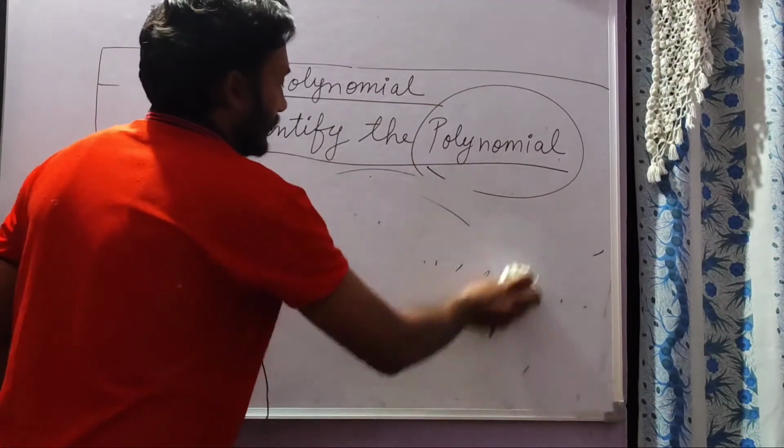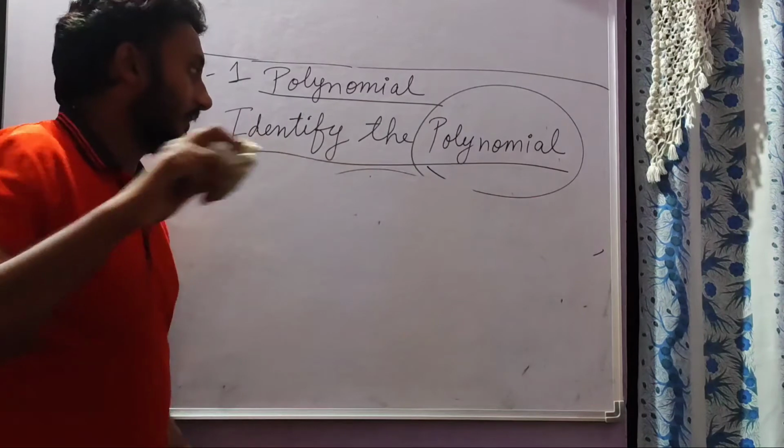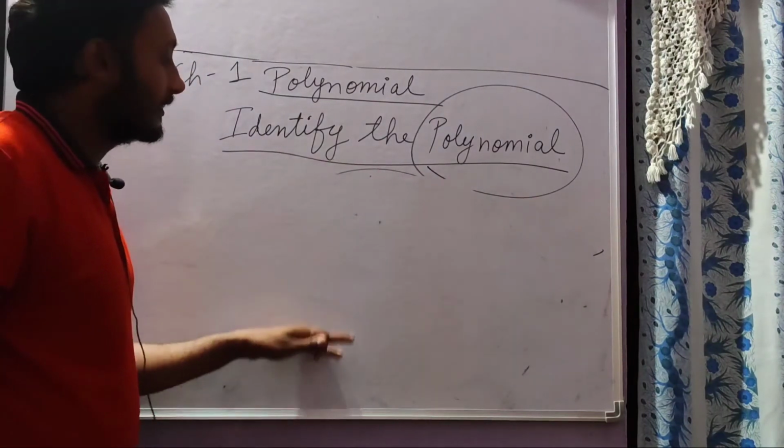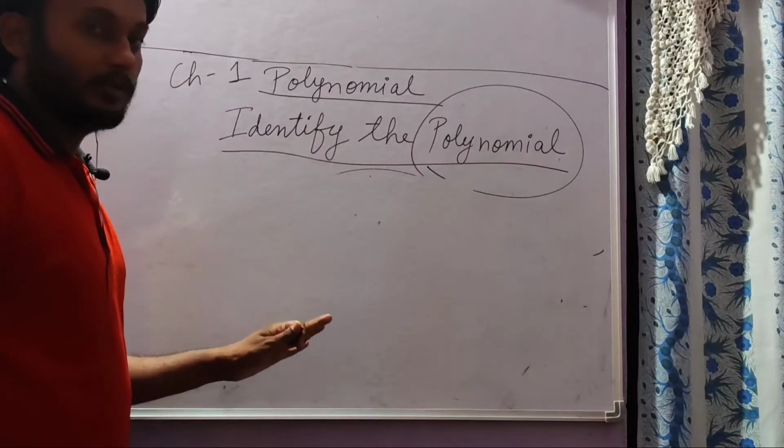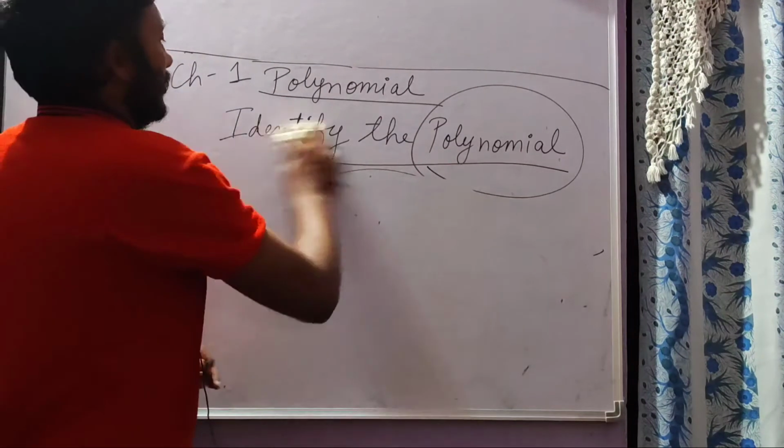These two most important things you have to remember: it should not be present at the denominator and the power should not be negative. Only in that case they are not polynomials, in other cases they are polynomials.